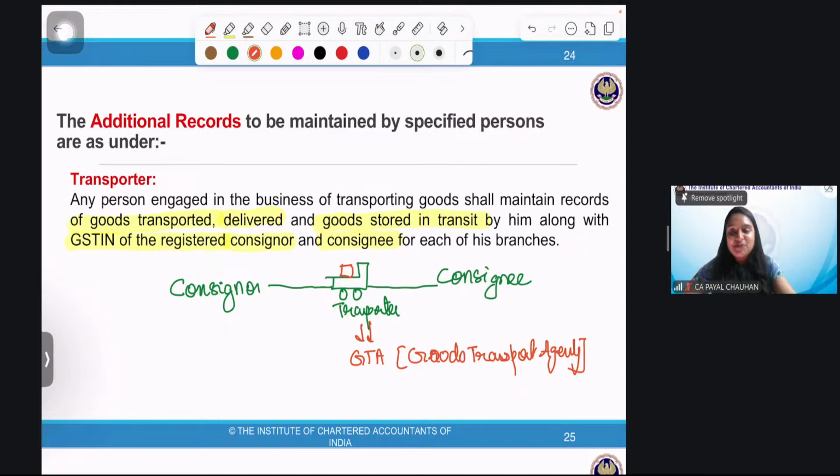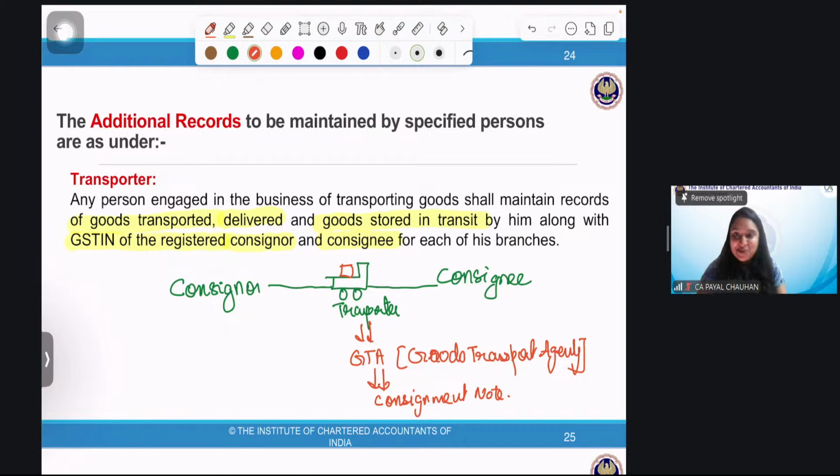Now the answer is perfect. A transporter is only called a GTA when he issues a consignment note. Everyone, did you understand that a person is known as a GTA when he issues a consignment note?